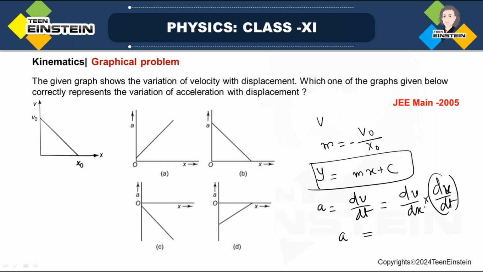A is equal to, see, if I write this dx dt as v, then dv dx, and now if I plot, okay, this equation, you look here.